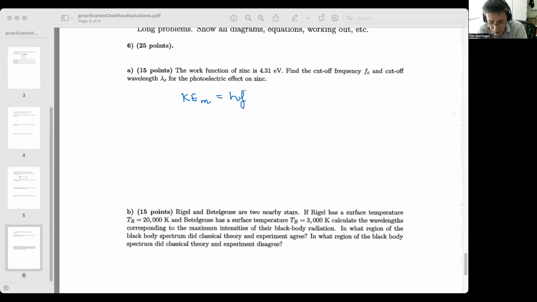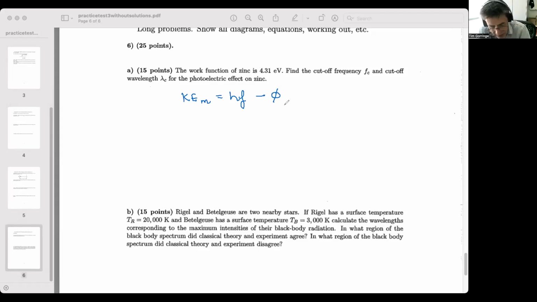So that's Planck's constant times their frequency, less the work function of the material, the work function of zinc in this case, which is the energy needed to remove an electron from the slab of zinc. So this equation relates several different energies: the energies of the photons, the energies of the electrons, and the energy to remove an electron from the zinc material.